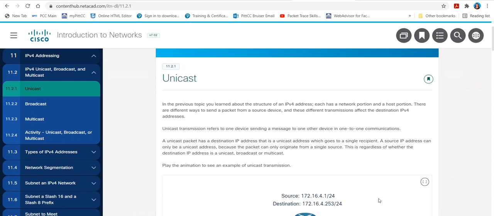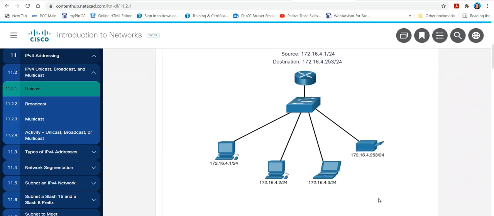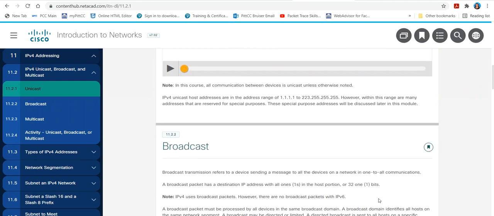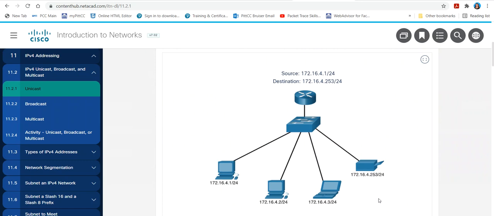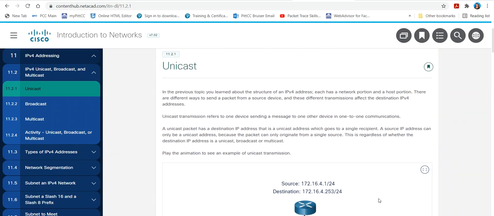Now, a few minutes ago, I gave you a little hint on how to determine whether an address is unicast, multicast, or broadcast. And you have different scenarios. But the easiest way, I think, is to look at an address and determine whether it has all zeros, all 1s, or a mixture.